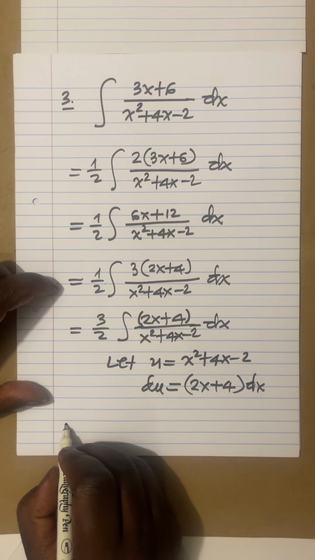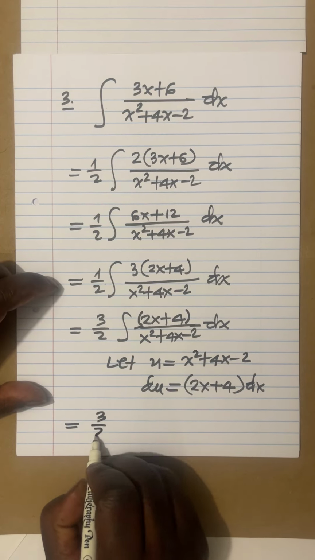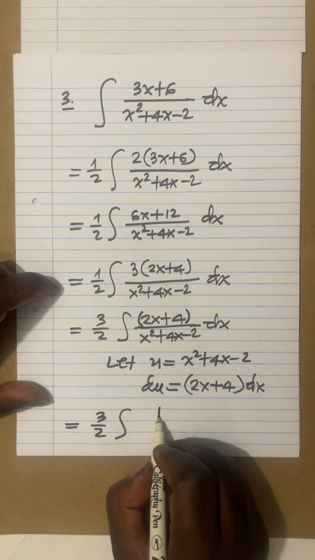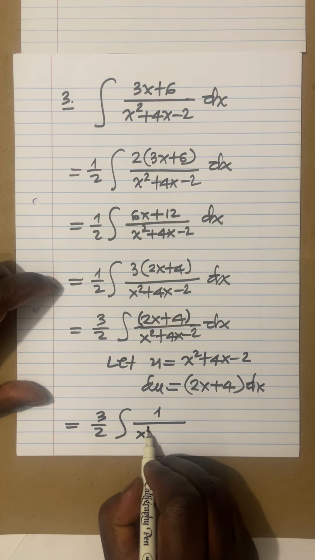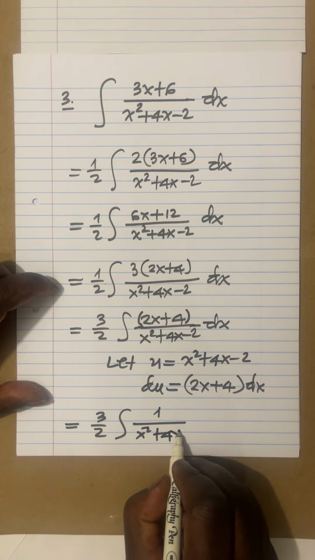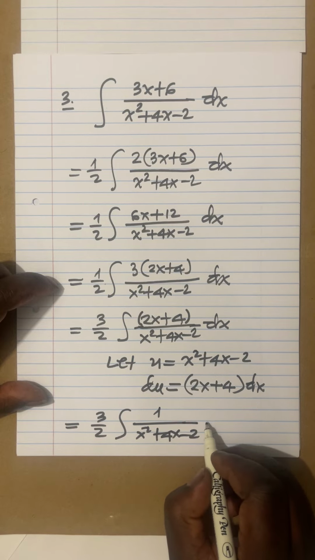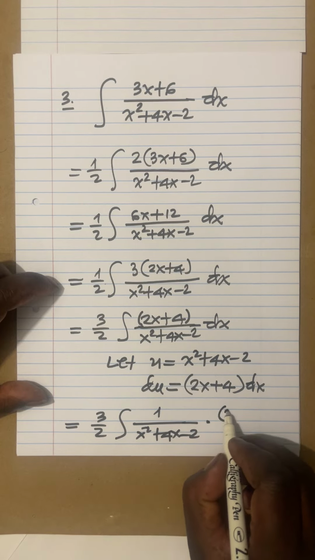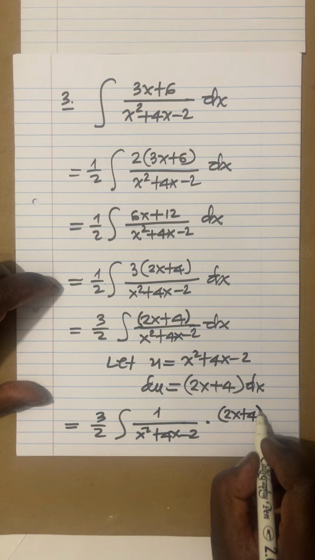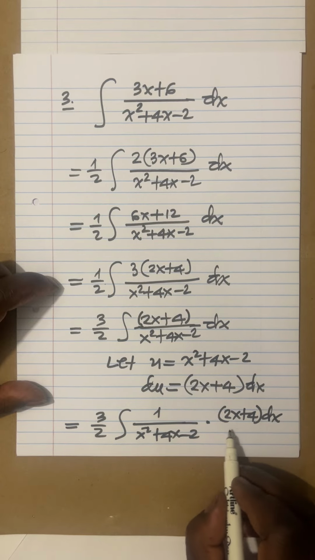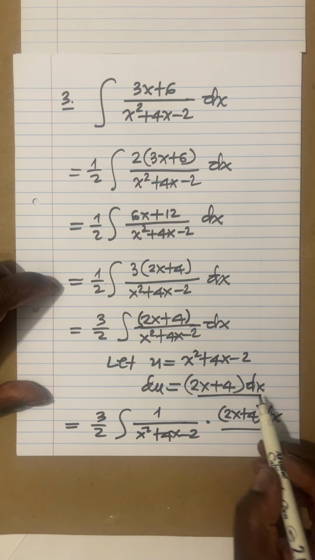Let me rewrite it so that you can clearly see what I mean. 3 over 2, the integral of, check this out, 1 over (x squared plus 4x minus 2), and I'm saying times, check this out, (2x plus 4) dx. Now you can clearly see that this expression here is that expression, which is du.